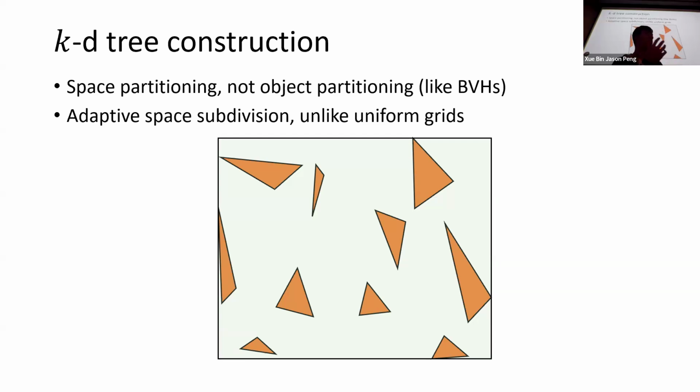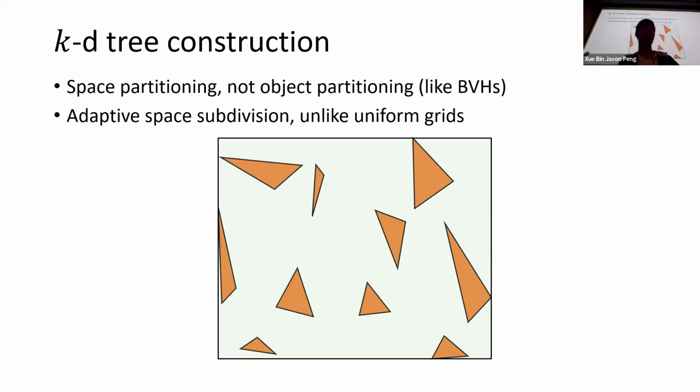So the idea with the KD tree is that one of the inefficiencies of the uniform grid data structure is that we divide up the scene in terms of these uniform size cells. And one of the drawbacks of this uniform partitioning is that it might not be very efficient.